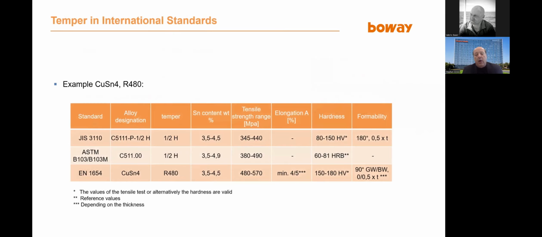One thing I would, however, like to highlight to you: if you take, for example, a bronze material, a bronze 4, and we see, let's say, a temper, typically in ASTM maybe called half hard, or in EN it would be R480, you can notice that even with the same chemistry, the tempers may differ. So I just would like to warn you a little bit on this aspect.